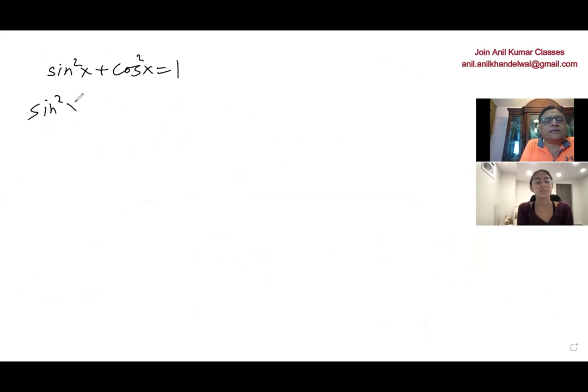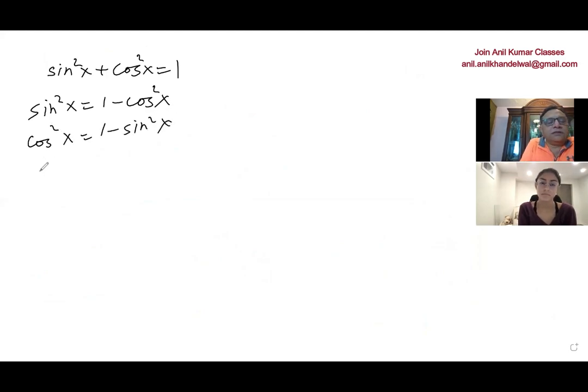I'll again focus on the Pythagorean theorem, where we have 3 identities. Here, 1 plays a significant role, as you know. We have been writing sine square x as 1 minus cos square x, and cos square x as 1 minus sine square x. On the other hand, we have 1 plus tan square x equals secant squared x.